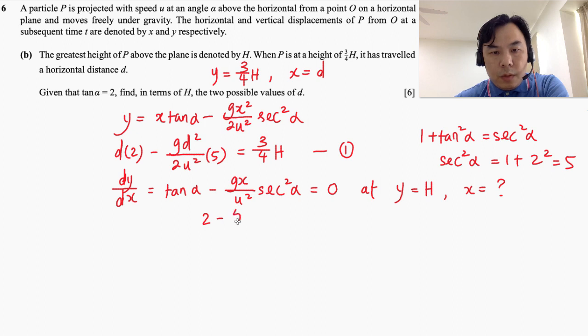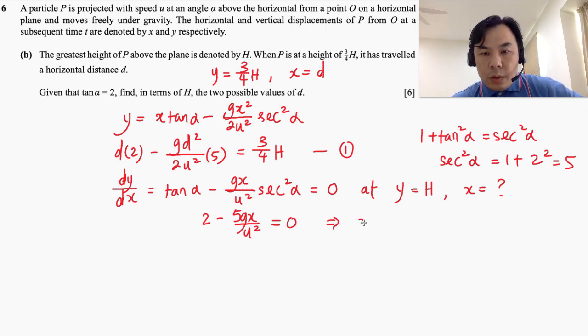All right, so 5gx, u square, equal to 0 here. From here we should be able to reach these conclusions.